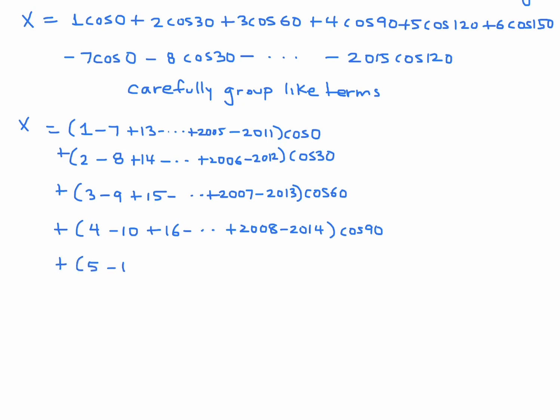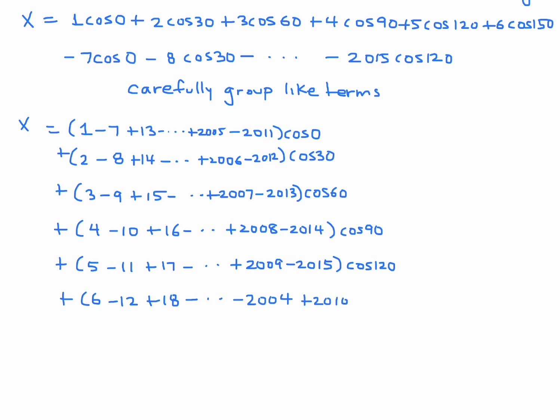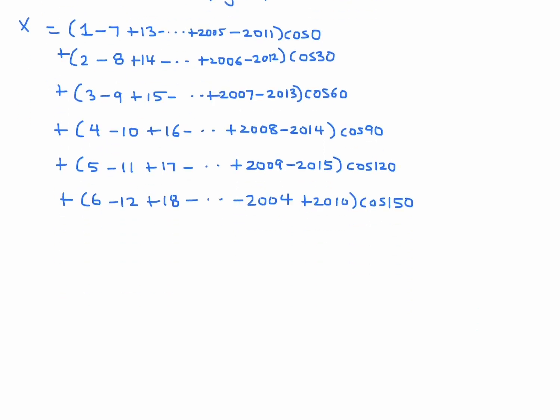Then we get to 5 minus 11 plus 17, dot, dot, dot, plus 2009 minus 2015, and that is cos 120. And I think there's one last one, plus 6 minus 12 plus 18 minus dot, dot, dot, minus 2004, let's just put it 1 before, plus 2010. And then that says cos 150. All right, so we have grouped this very nicely.